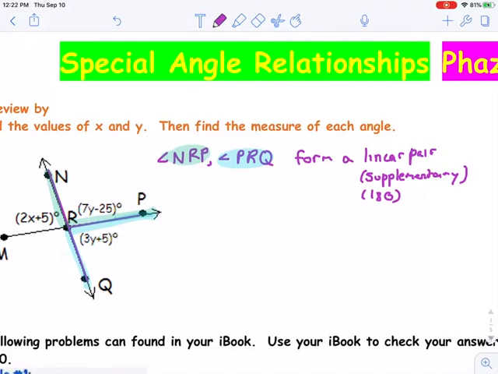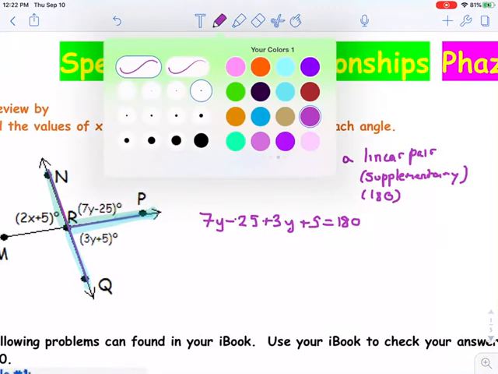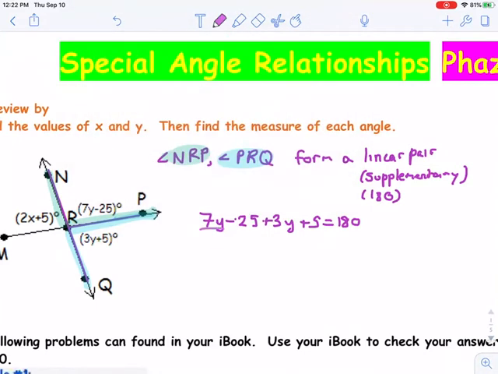Basically, we have to be good at identifying angle relationships and applying what they mean. After I say that's a linear pair, I can say 7y minus 25 plus 3y plus 5 equals 180. Nice. Then from here, it's just combining like terms.